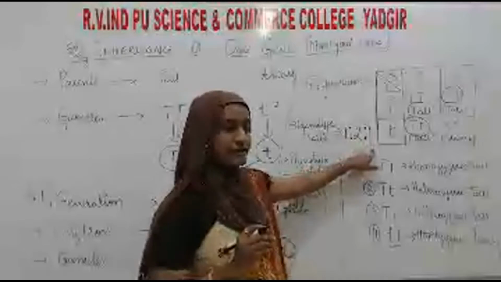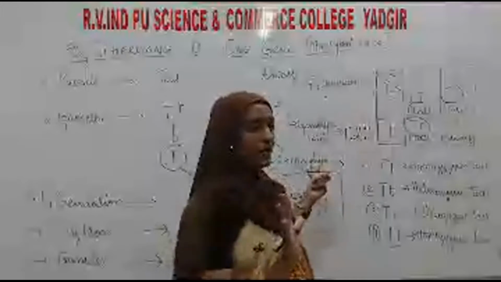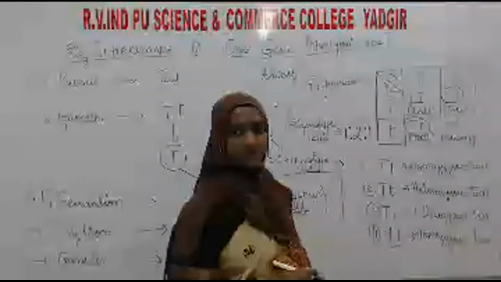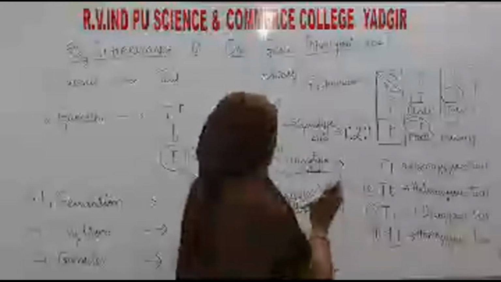In this question, they will see this representation and this checkerboard. Then lastly comes something very important. If you do not write these ratios, then they will cut 1 mark. So all this representation is very important. So what is the phenotype ratio here?